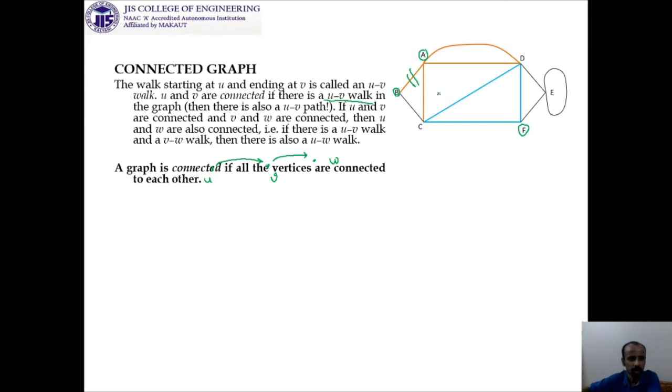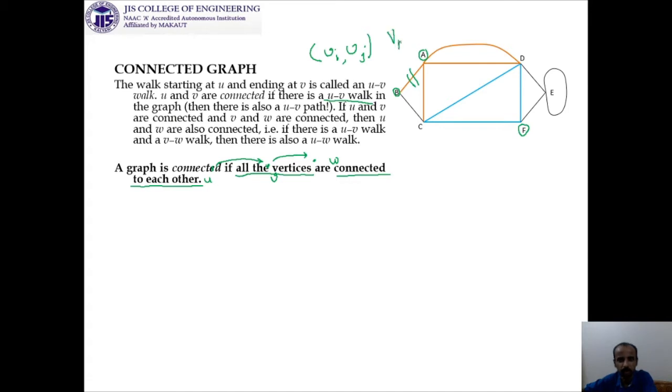Now the definition: a graph is connected if all the vertices are connected to each other. This is very important to understand. All the vertices are connected to each other. So you have to consider Vi, Vj, where i and j are from the vertex set.